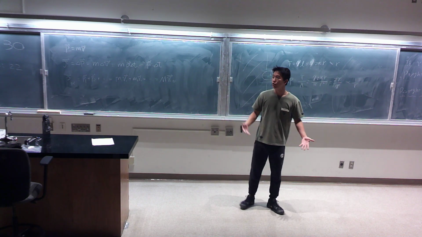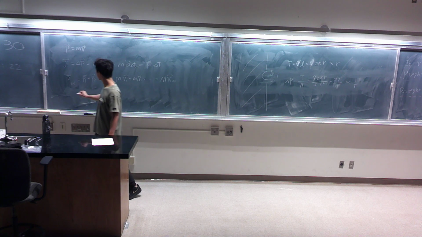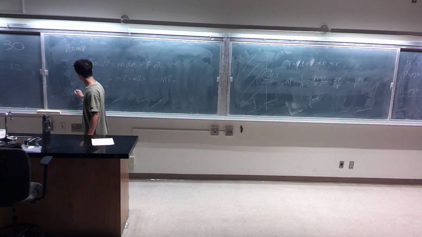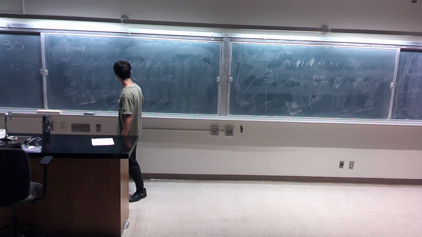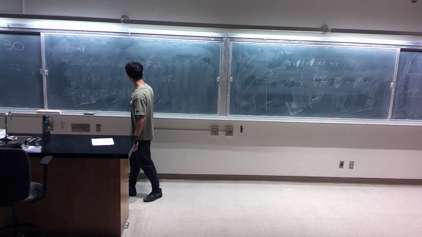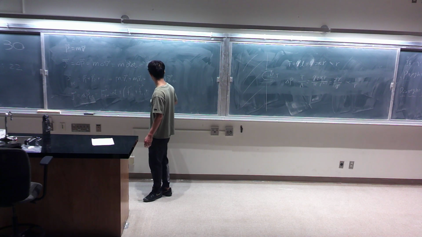And if you want to change the total momentum, you find that the total impulse will be the sum of external force times delta t plus the sum of internal force times delta t.